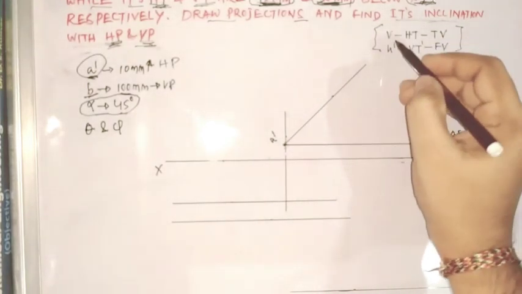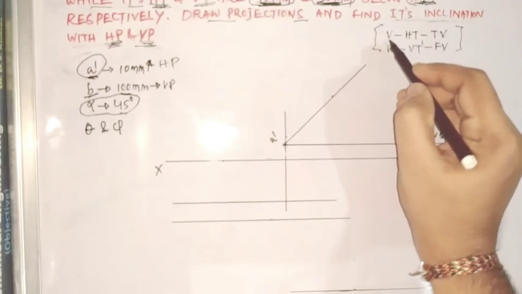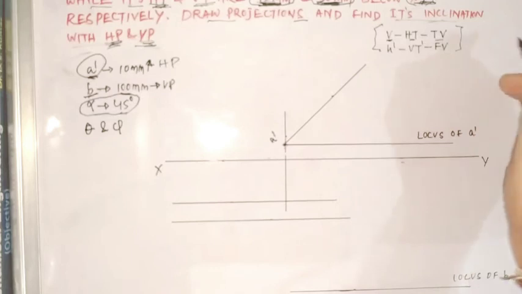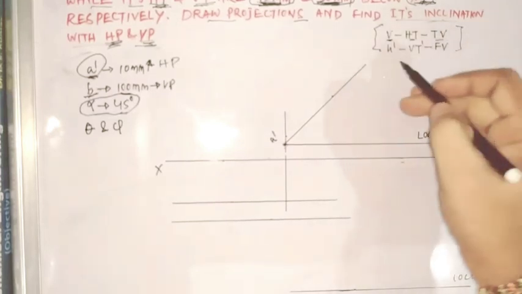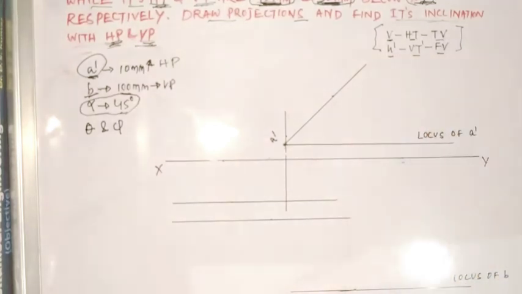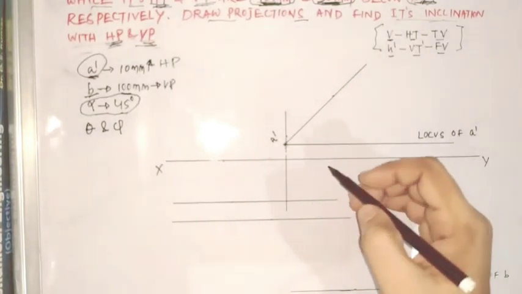So in that video we have discussed already that V point, horizontal trace and top view will lie on a same line, as well as H dash, VT dash and front view will lie at a same line. So already we have known about this.